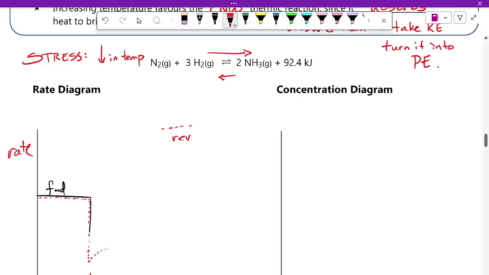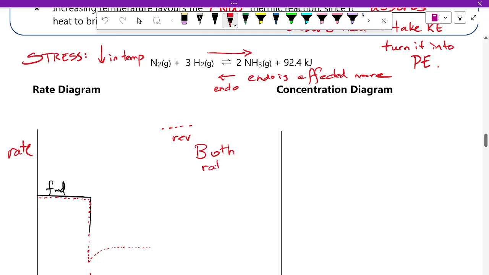Yes, because it is endothermic, so it is affected more. Endo is affected more. So both rates decrease.